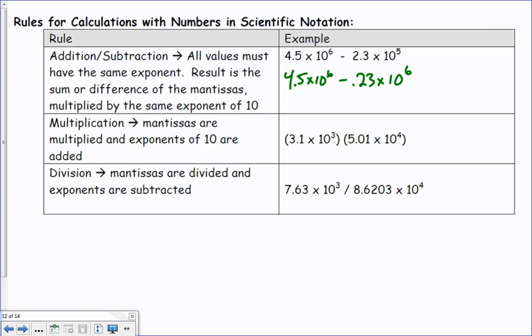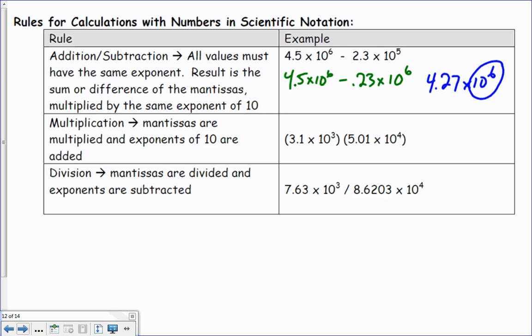Now it's 2.5 minus 2.3. Handy dandy calculator. Minus 0.23 equals 4.27 times 10 to the 6. Just bring this right along with us. That's why we switched it at the beginning, okay?